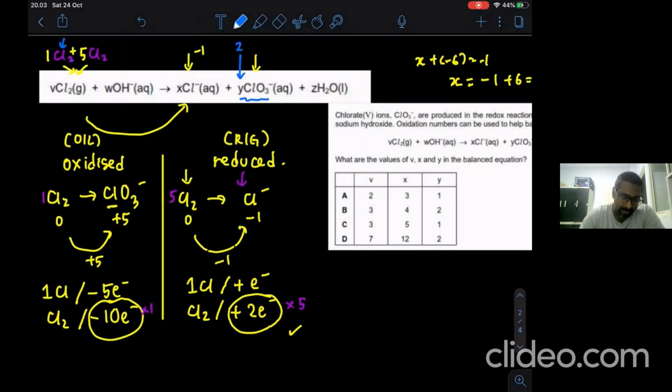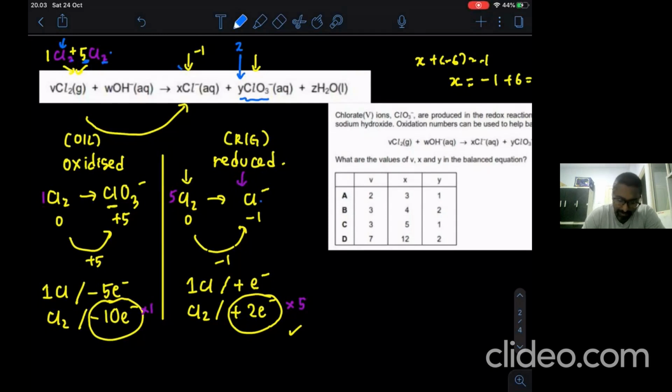And then here, 5 Cl2 is going to give you the Cl minus, so it will have a total of 10 Cl minus.